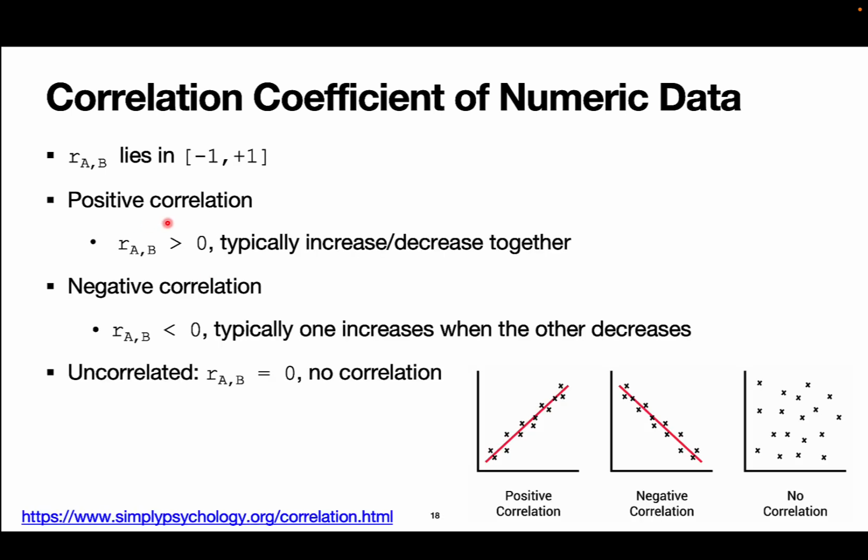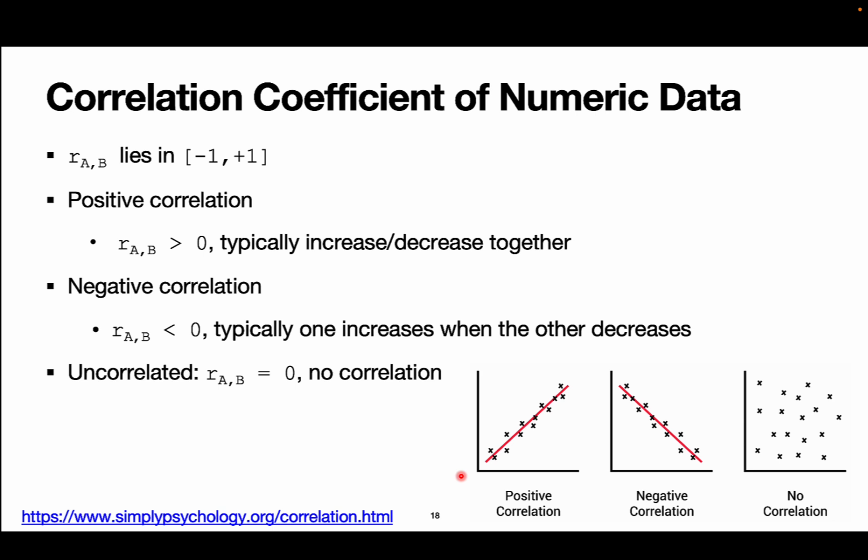Positive correlation means when the values of one attribute increase, the values of the other attribute also increase. A correlation value that is closer to 1 is going to tell us this is a strong relationship.